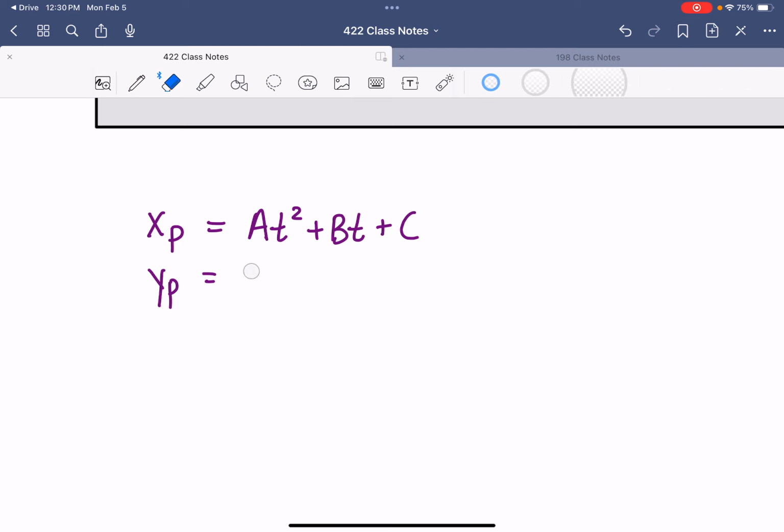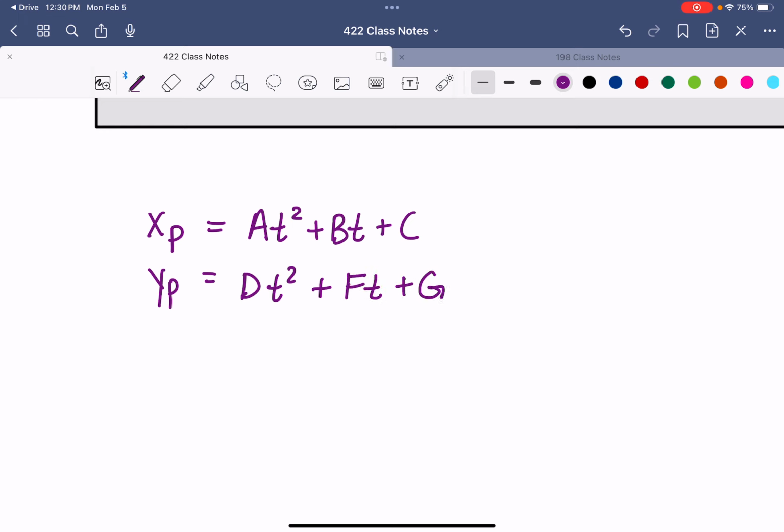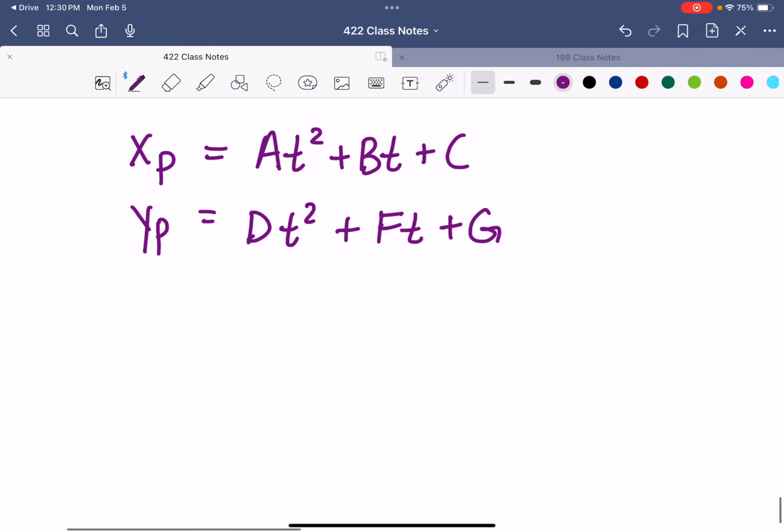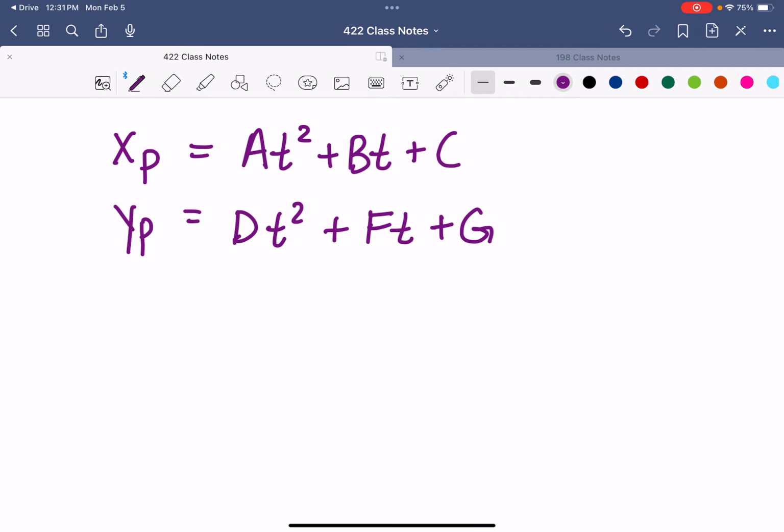And we're going to have yp equal to d t squared plus, let's skip over capital E just because I don't like it, ft plus g. You can keep with E if you like, totally fine. There's a good chance that a lot of these are going to be 0, but maybe they won't be. We're going to treat this exactly like we did when we were solving undetermined coefficients for higher order equations.